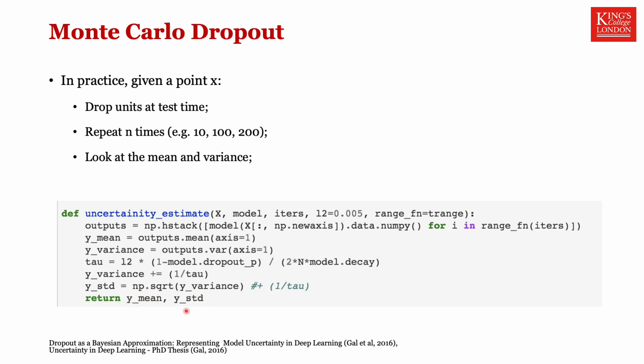So the mean is the ensemble of the prediction, and the standard deviation is now the uncertainty of the prediction. And those things are basically what you want to end up with as the final uncertainty estimate of your model.